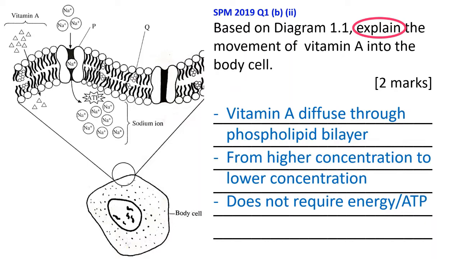So the answer is vitamin A diffuses through phospholipid bilayer. Just explain the diagram, and then we'll explain more about this simple diffusion. So this movement is from high concentration to a region of lower concentration, and it does not require energy.